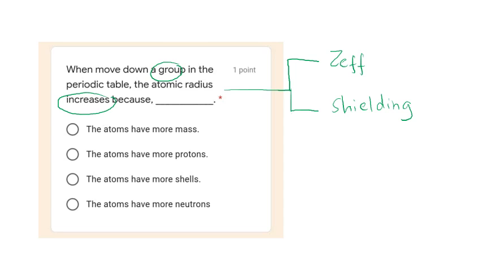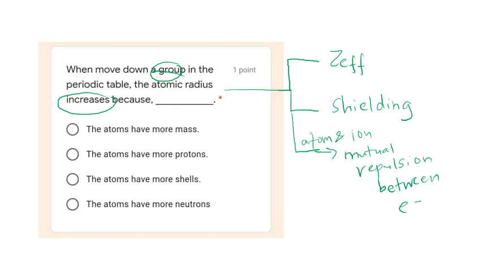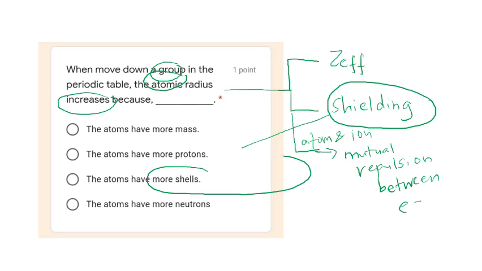And then another one, if comparing between atoms and ions, the radius can be influenced by the factor of mutual repulsion between electrons. But because this one is atomic radius, we know going down the group, the factor of shielding effect will be discussed, where shielding effect means that there are more shells occupied by electrons.